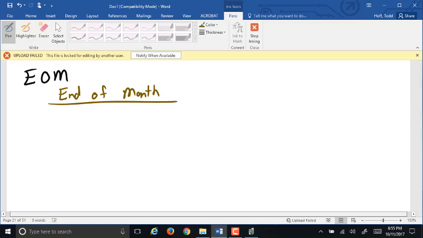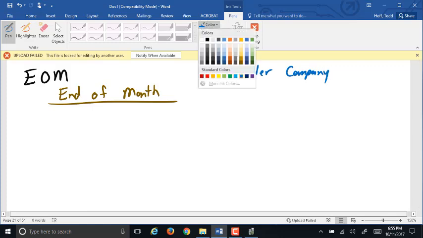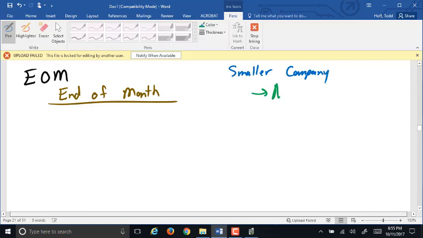Technically, it's end of period. Every business is going to set this up differently. For our purposes, we're going to oversimplify it. We're using a month as our period. What this is, it is for a company, usually a smaller company, that does not have a full-time bookkeeper.